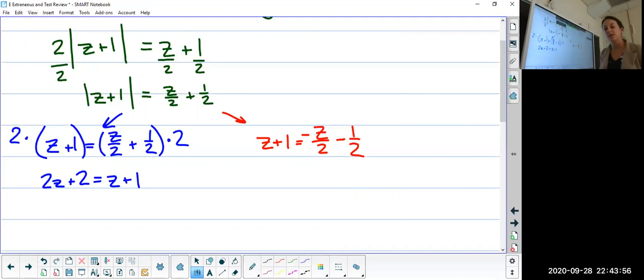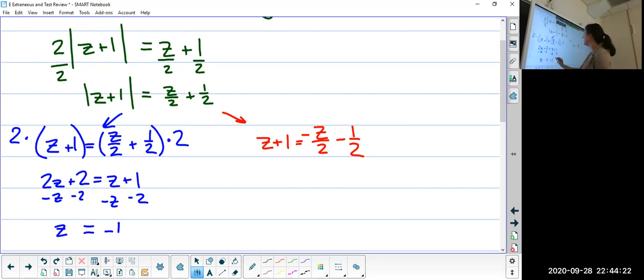That's just a little trick there. If you want to get rid of your denominators, multiply them away completely. You do need to do it correctly. You need to multiply to an entire side, which does mean distribution. All right, so solving for z, subtract the z. I get z, then I'm going to subtract the 2, z equals negative 1.